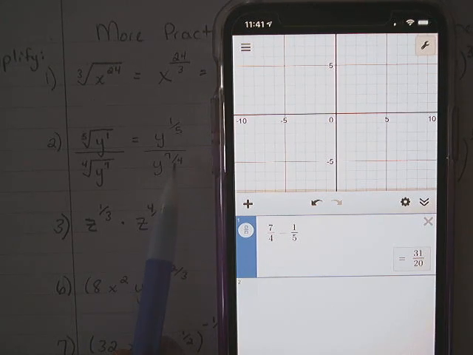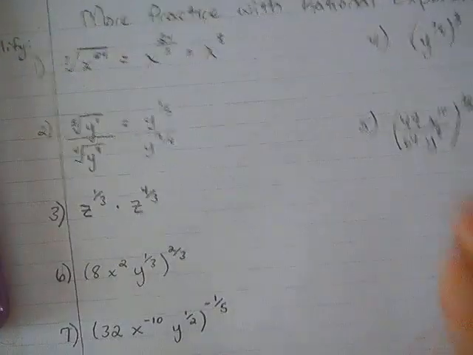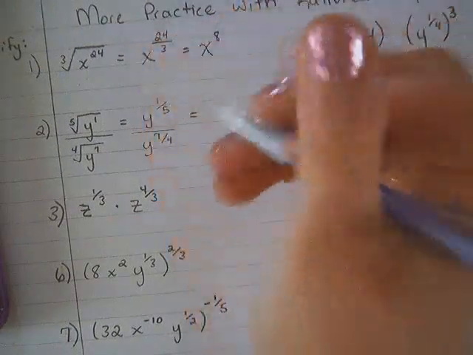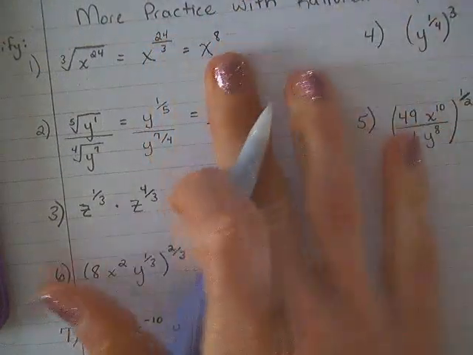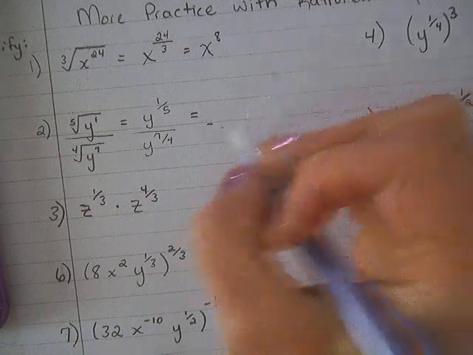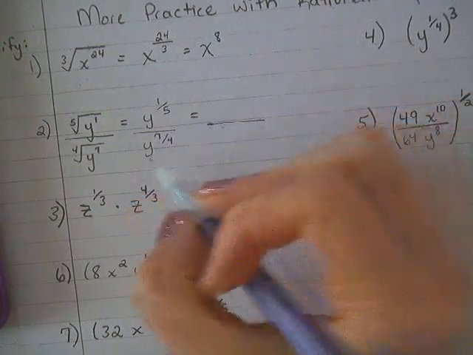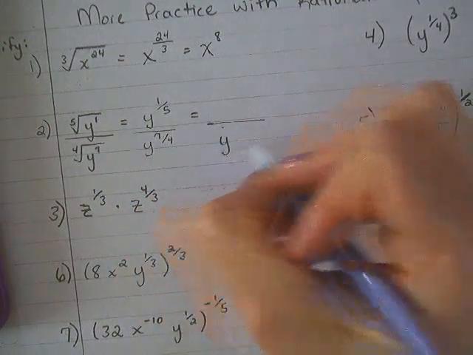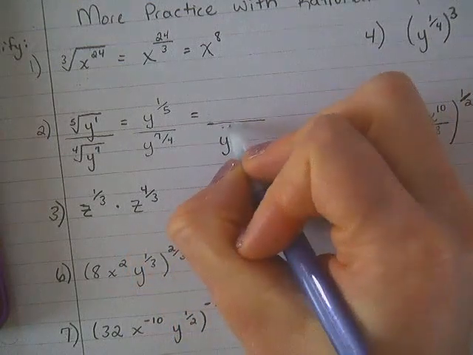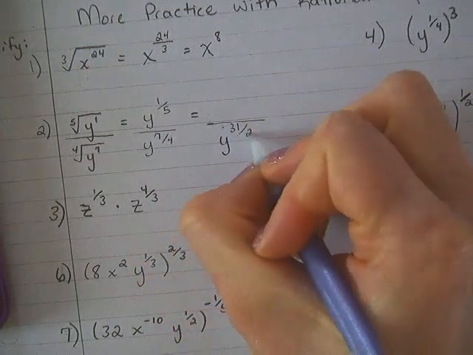So my bigger number was the one that was on the bottom. So when I write my answer, remember it's 31 over 20, I actually have to put my answer on the bottom. So it's y to the, remember it stays as an exponent, 31 over 20.